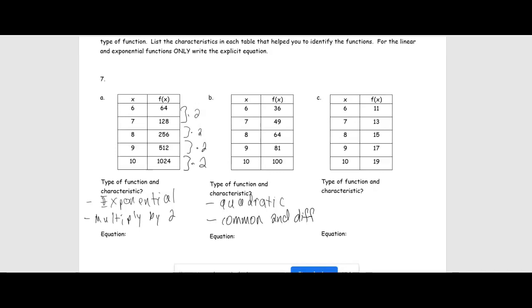So if we were to do what you did last year, this increased by 13, this increased by 15, this increased by 17. So we would have said last year, no, that's not linear, that's not exponential. And that's all true. But what we now recognize, hopefully, if we go to the difference in those numbers, that one increases by 2, that one increases by 2, they would all be increasing by 2. So that's what he's referring to with the common second difference. That's when we're going to know that we have what's called a quadratic equation. All right.